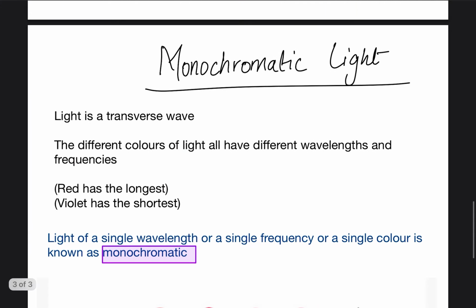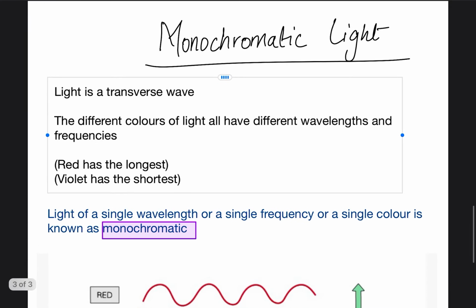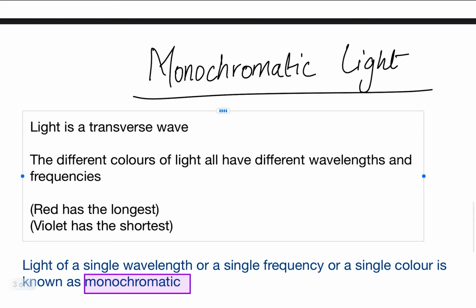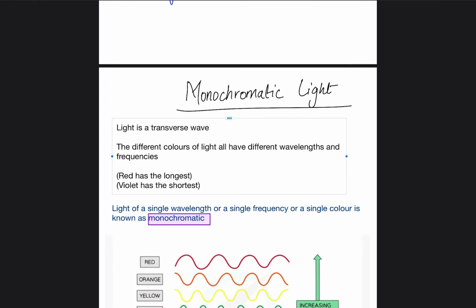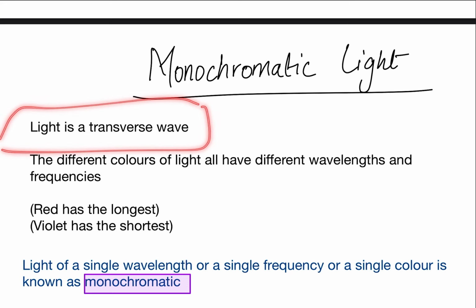Now we will talk about monochromatic light. What do you mean by the word mono? Mono means single. For monochromatic light, there are several points. First thing you should know is light is a transverse wave.